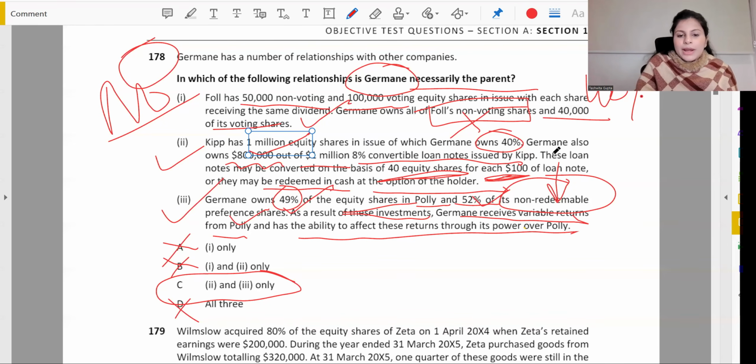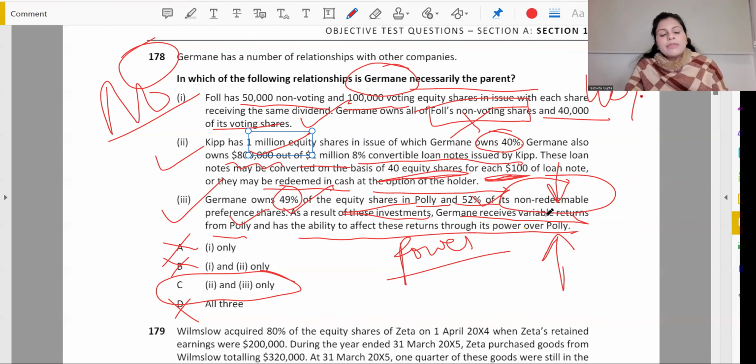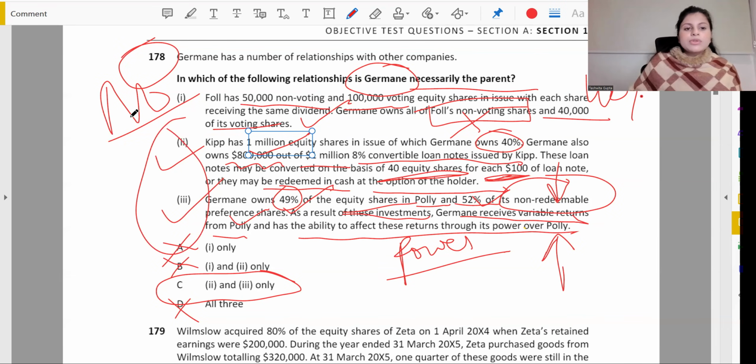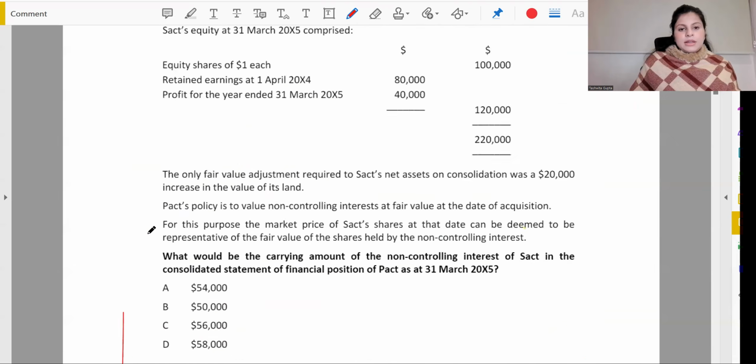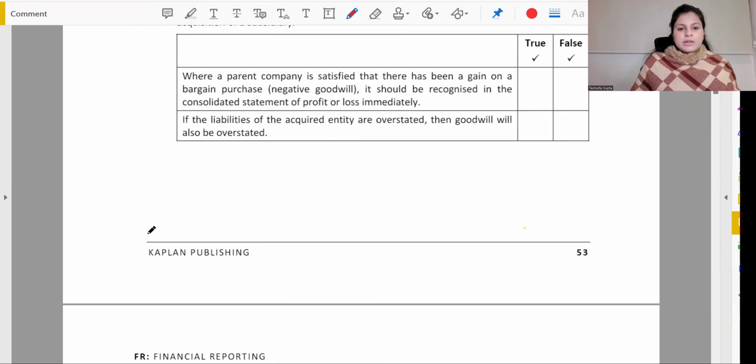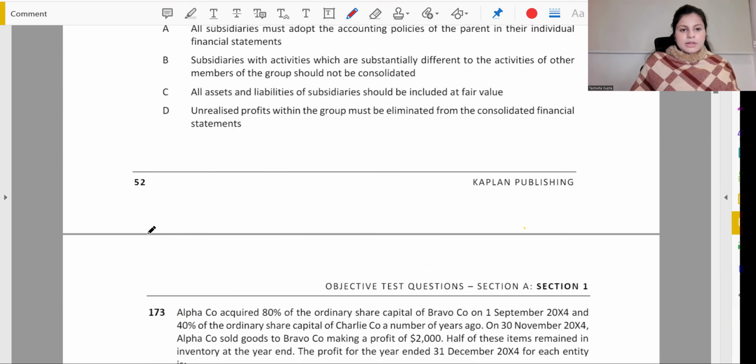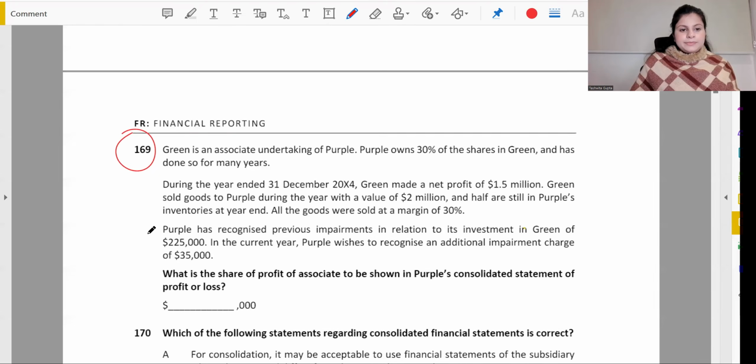So primarily you are having power. Why? Because they are writing it here, that you have the ability to affect the returns, you have the power over the investee. Therefore, you are the parent in these 2 points. Are we guys clear? Come on, quickly. Are we guys clear on this? Any doubt? Till then I can scroll up.